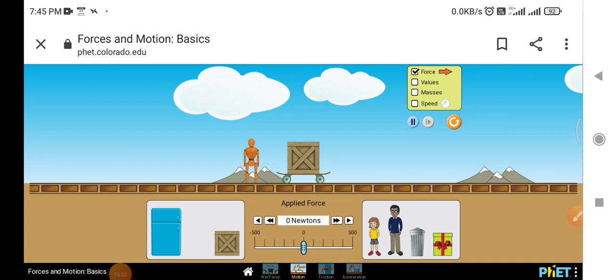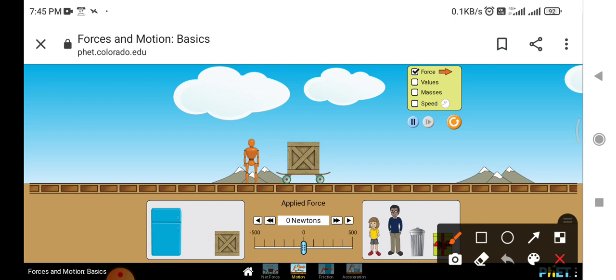This is the next experiment. In this experiment, we are going to see the force needed to move an object. So what things are given in this experiment?